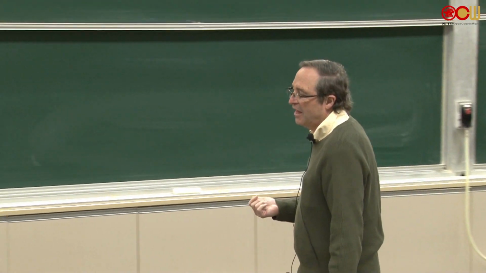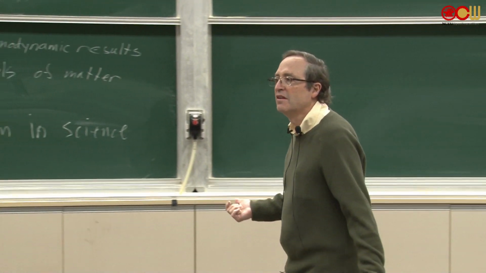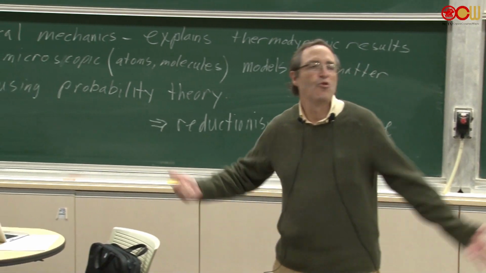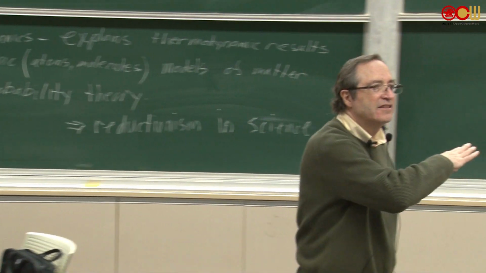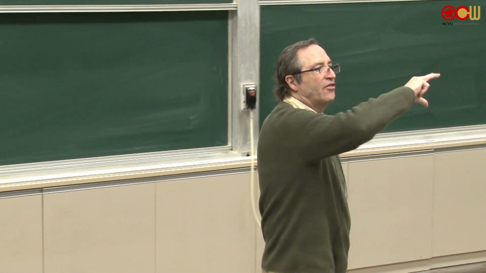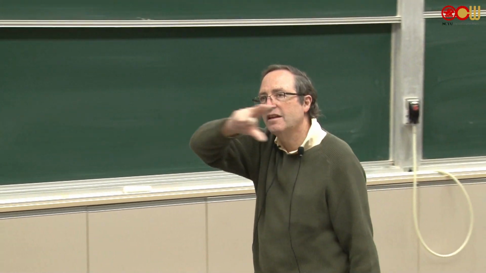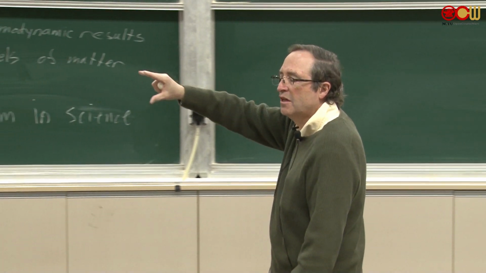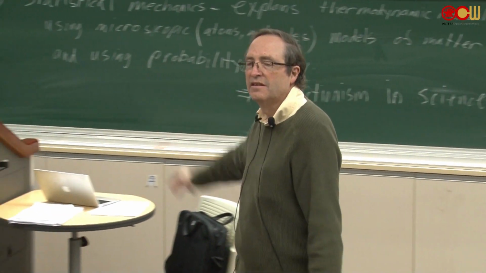Other examples are deriving, let's say, solid-state physics from quantum mechanics. Quantum mechanics is a lower level theory. Solid-state is the sub-theory of solids.